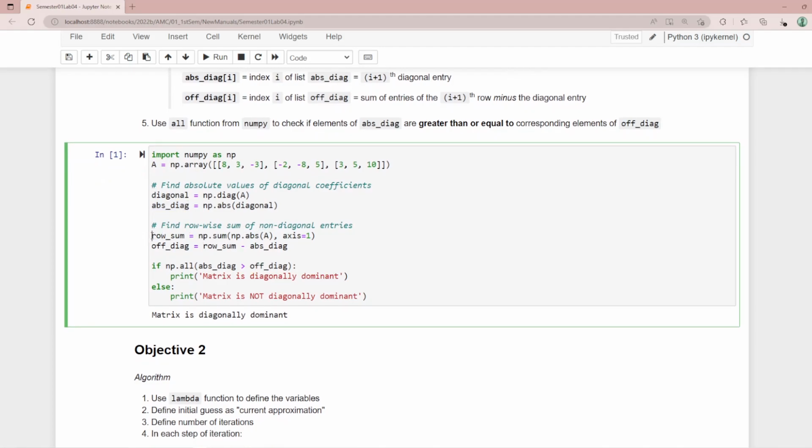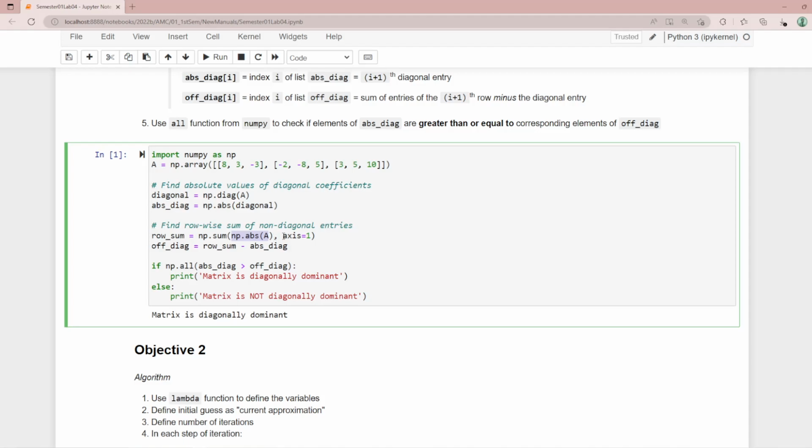So for that, first of all, we find row_sum, which is the list of the row-wise summation of the entries. For that, we use np.abs on the input, which takes the absolute value of all the entries of the 3x3 matrix we have taken in the example over here.